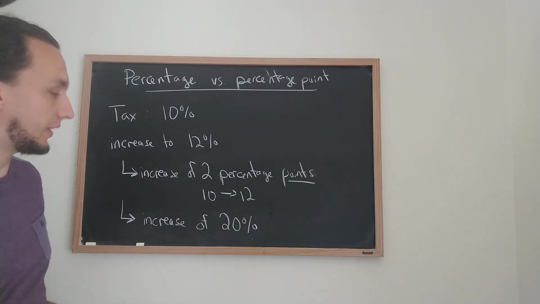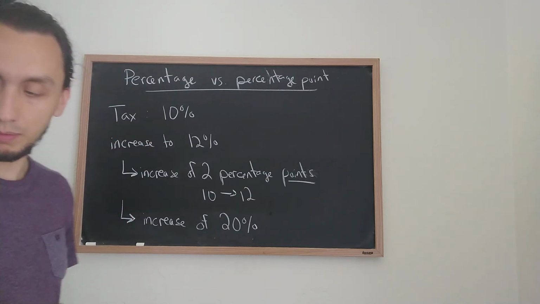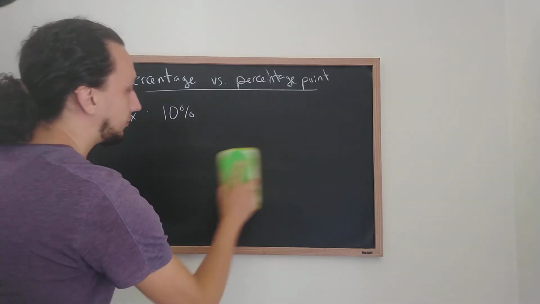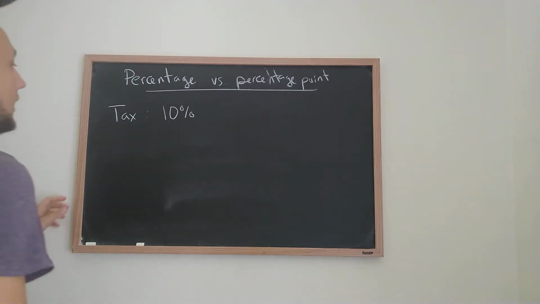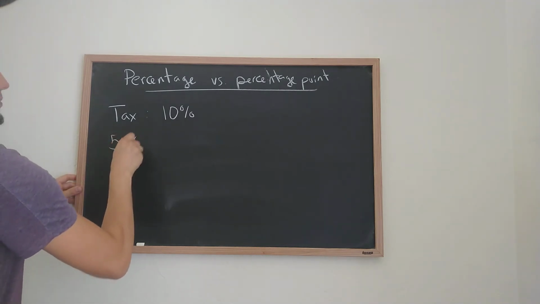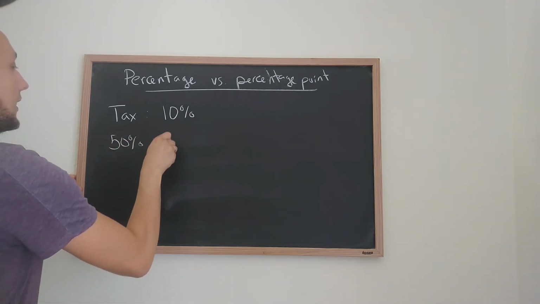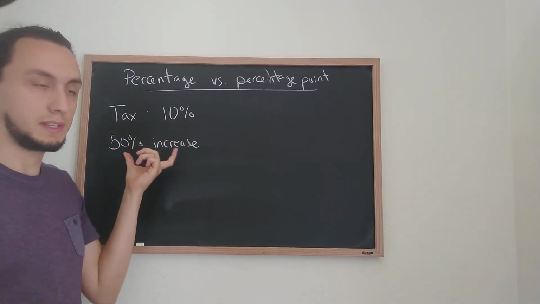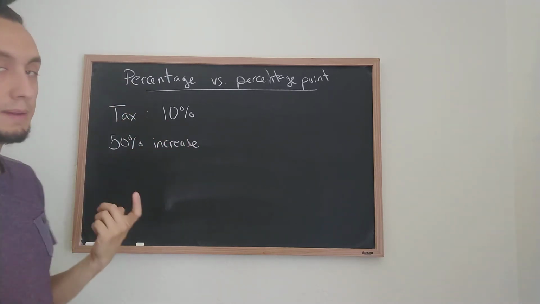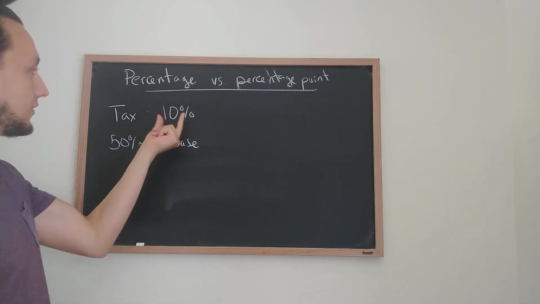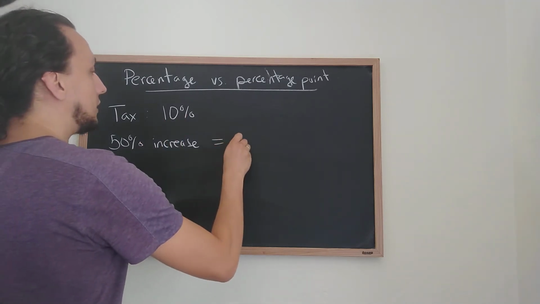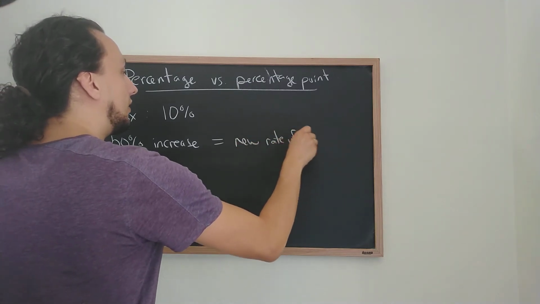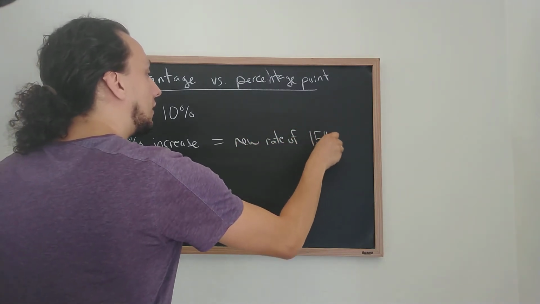So for example, if I described something more extreme, so let me erase this. If I describe a 50% increase, then a 50% increase in these terms from a tax rate of 10% means it's increasing by 50% of its value, so that would equal a new rate of 15%.